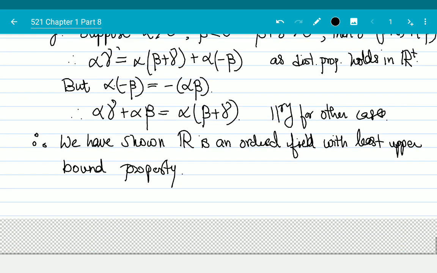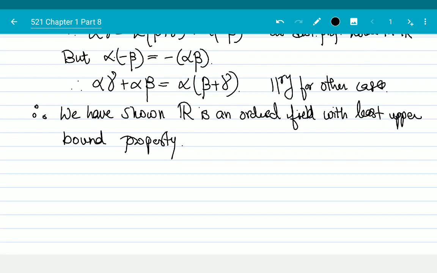Great. However, the struggle does not technically end there. First of all, we have to show that Q is a subfield of this.